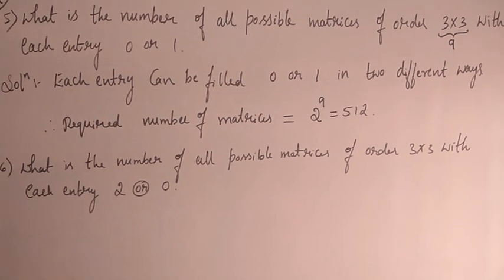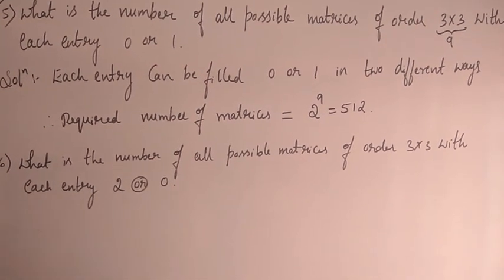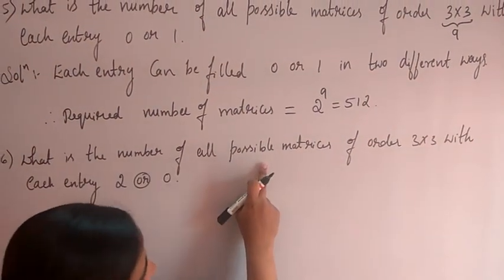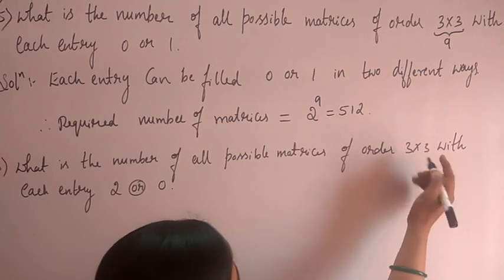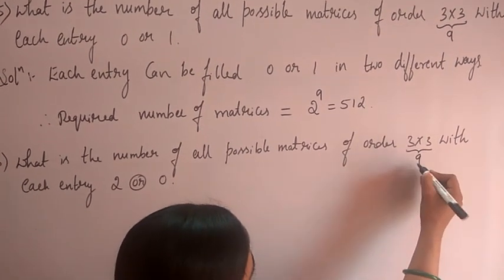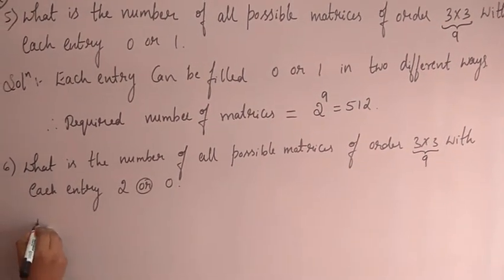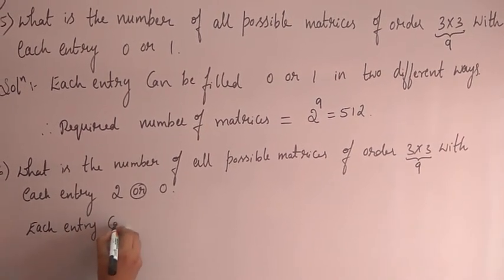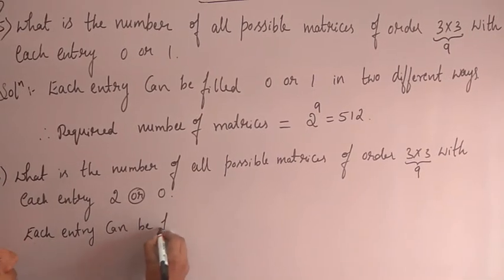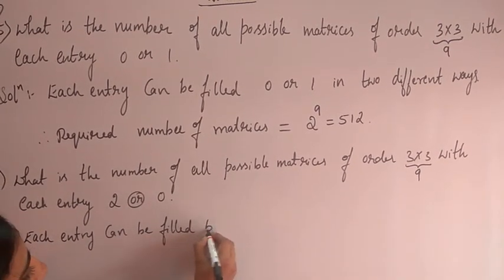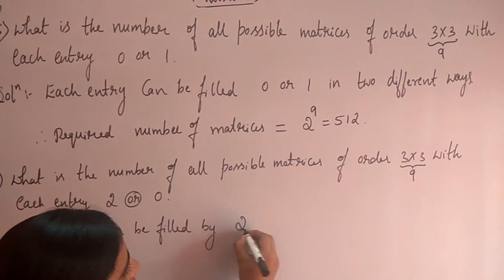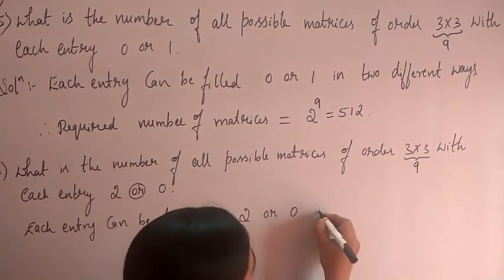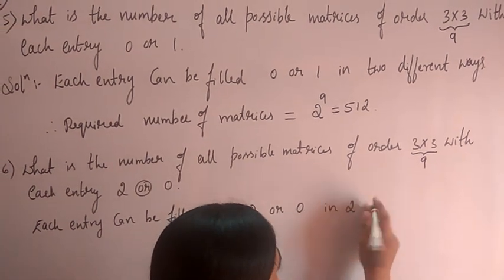That means in each matrix we can use only the elements 2 or 0. So we have to construct the number of matrices of order 3 cross 3. 3 cross 3 means each matrix requires 9 elements. That is, each entry can be filled by two entries, 0 or 2, in two different ways.